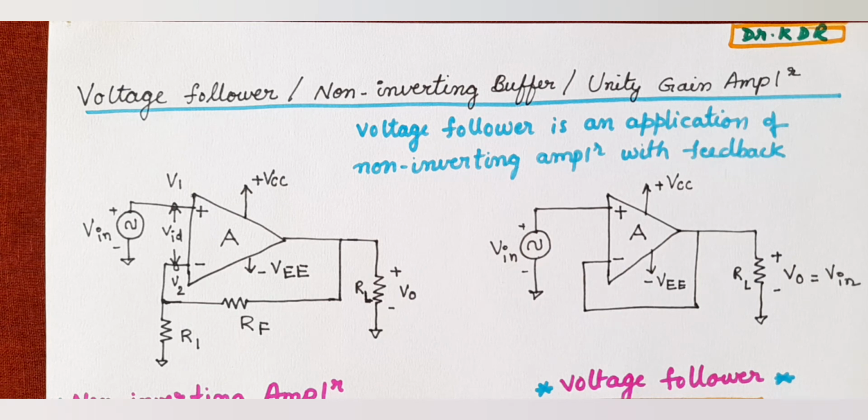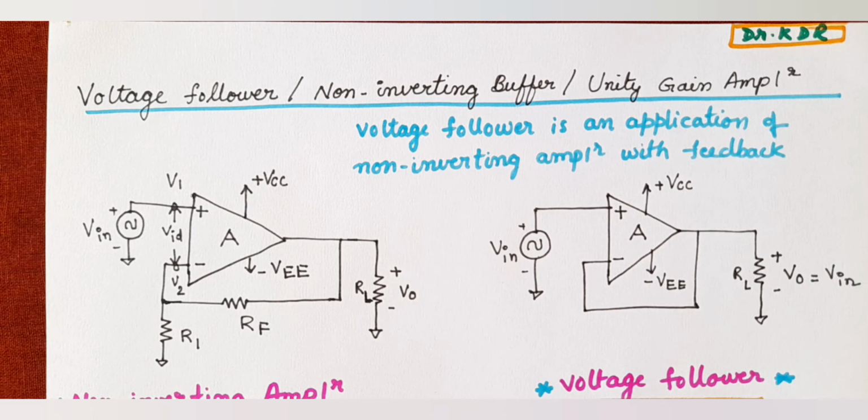I hope you have understood voltage follower, current to voltage converter and virtual ground. What is virtual ground? Voltage at the non-inverting terminal is equal to voltage at the inverting input terminal of the op-amp, because V1 is equal to V2 in ideal condition. A value is infinity.